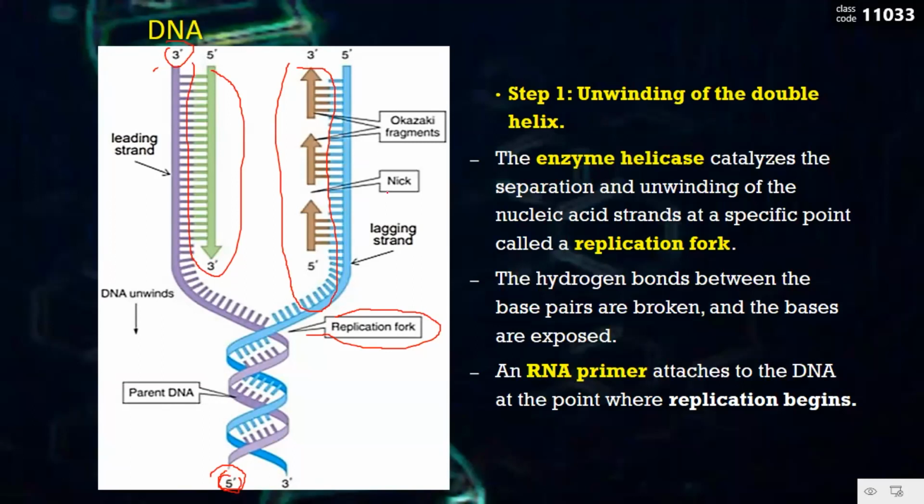But for the lagging strand, the 5 to 3 strand of our DNA, putol-putol siya. It has gaps in between the RNA primers natin.